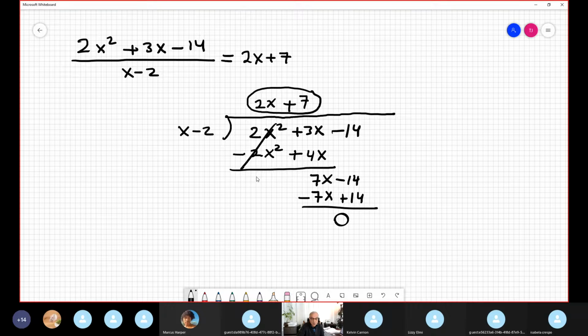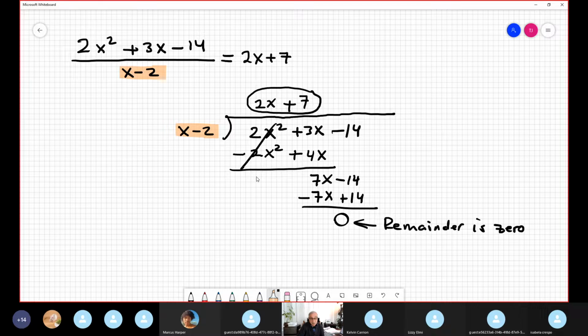And this is a super important detail. When the remainder is 0, it's because the factor that you are investigating, x minus 2, belongs to the polynomial. So the division is perfect, no remainder.